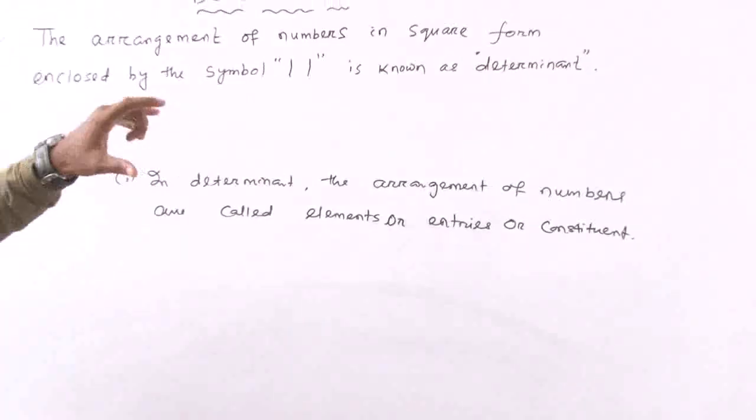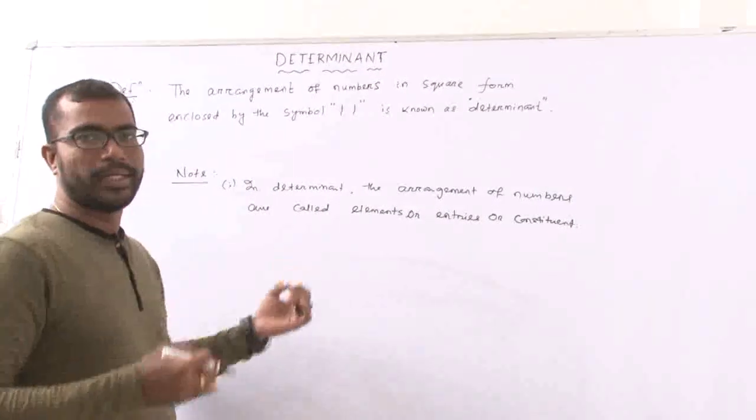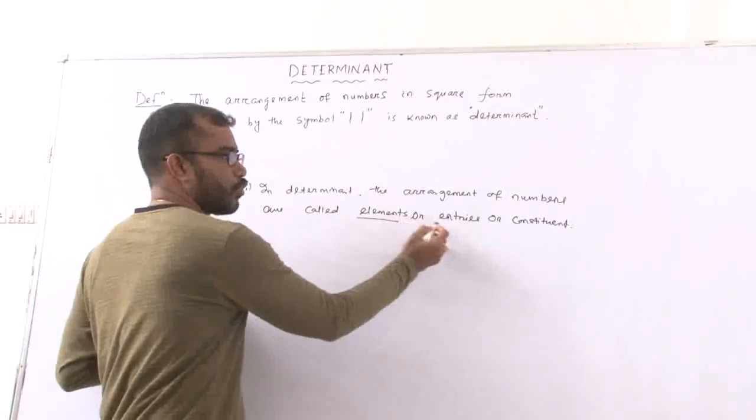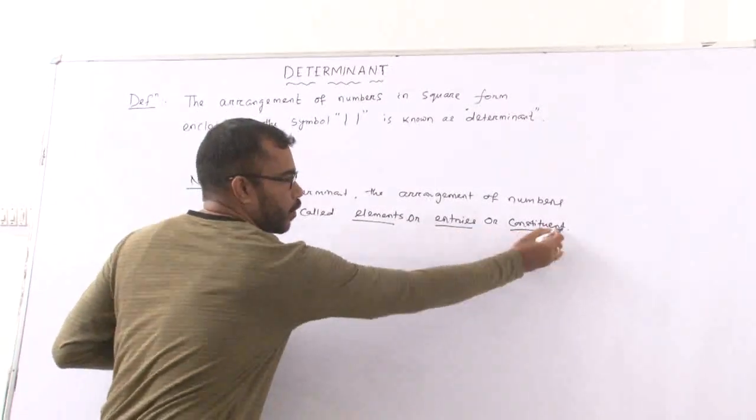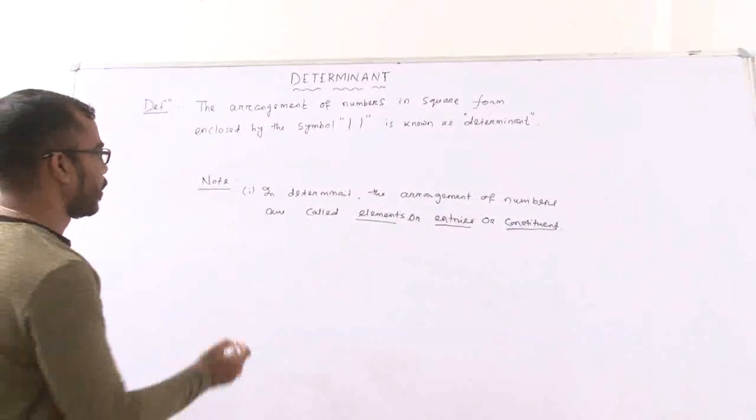So numbers arranged in a determinant are called elements, or you can say entries, or you can say constituents.